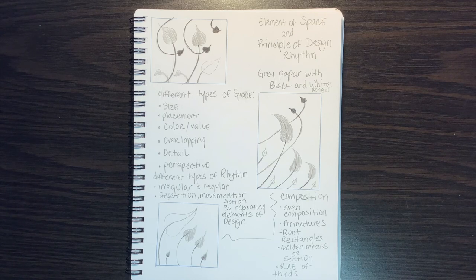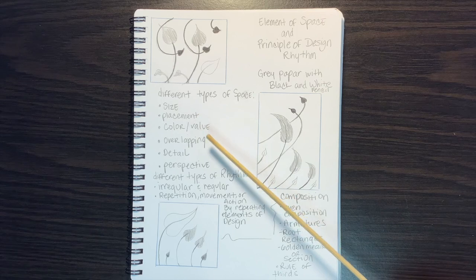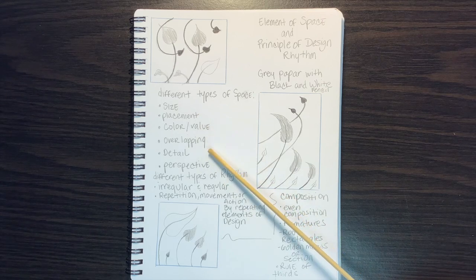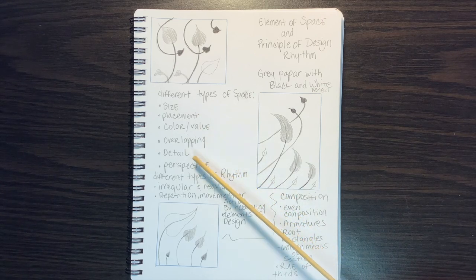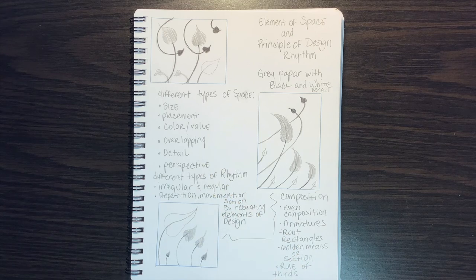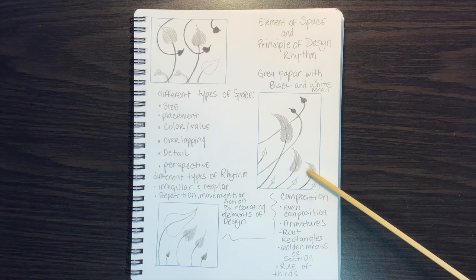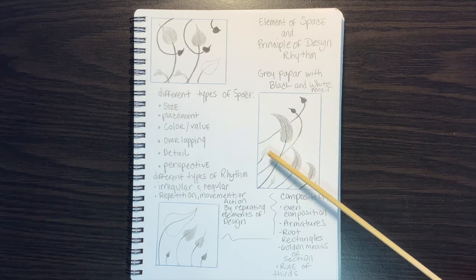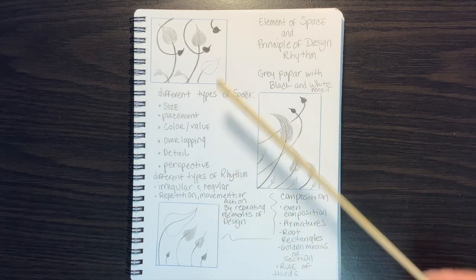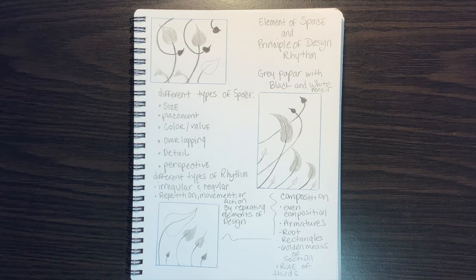I'm also thinking about size, placement, and value, a little bit of overlapping as well, not so much details, and definitely not perspective. When you are dealing with that repetition, we're repeating shapes and lines, but it also has a bit of movement in that type of rhythm in the composition.